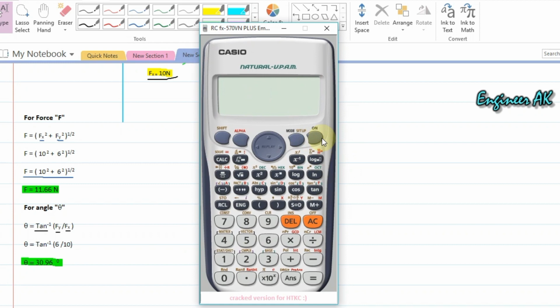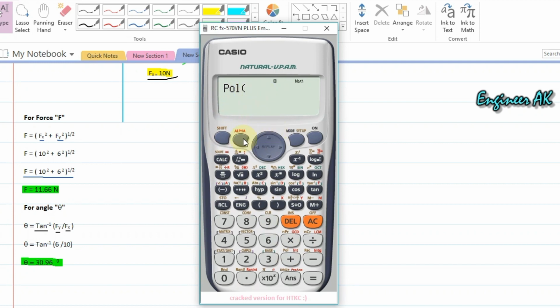First you can see here an option of polynomial. You will press shift, because the polynomial is written in brown, and we know that the brown commands are activated by using the shift key. So press shift and then polynomial. Now it is written here polynomial.